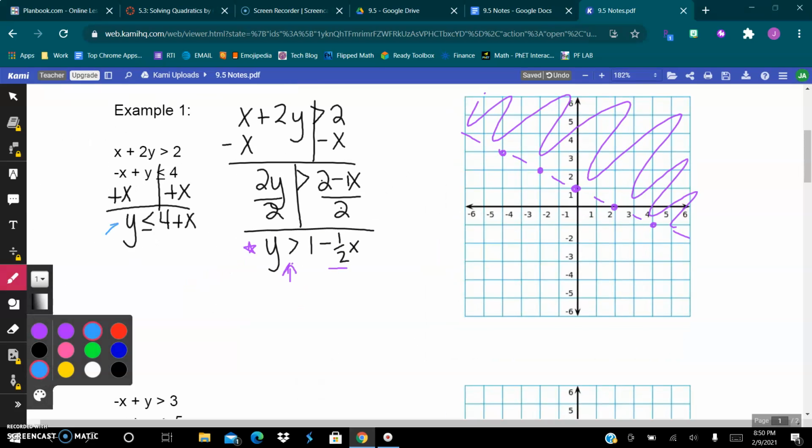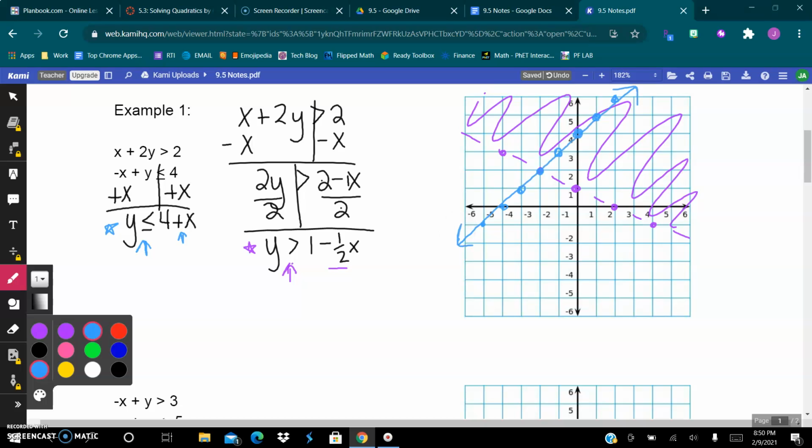Then we're going to do this line here in blue. The number by itself, 4, is our y-intercept, so we put a dot at 4. The coefficient in front of x is our slope, which is 1 in this case, so we go up 1 and over 1. I'm going to put a few extra dots on here. This inequality is underlined, so that means we're going to have a solid line.